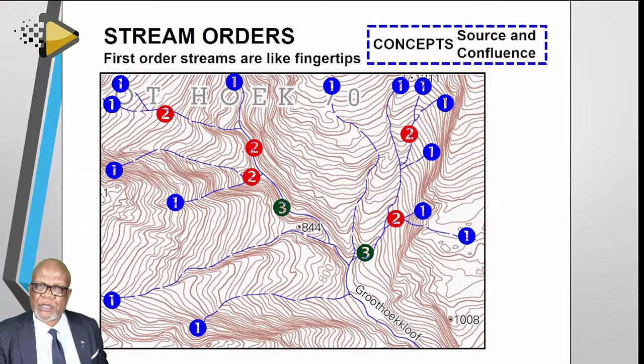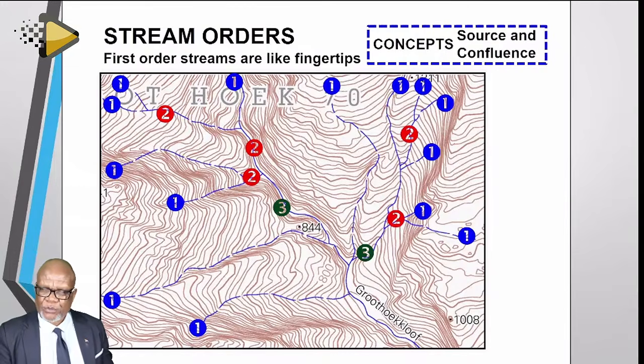So when two streams of a different order are joining, the stream order is not going to change. It's going to remain at the highest order. If the highest order was 2, it remains at 2. If stream order 1 joins with stream order 3, it's going to remain stream order 3 here.